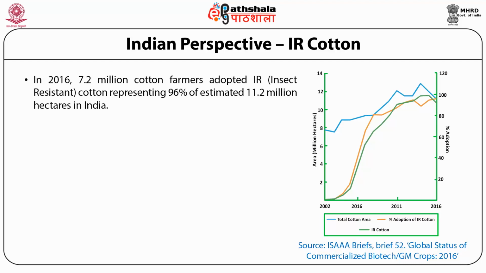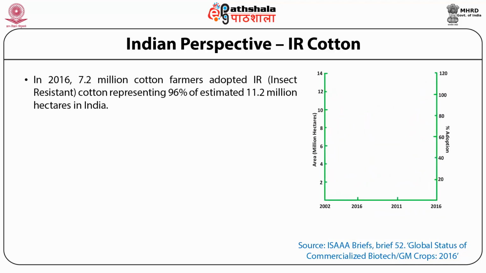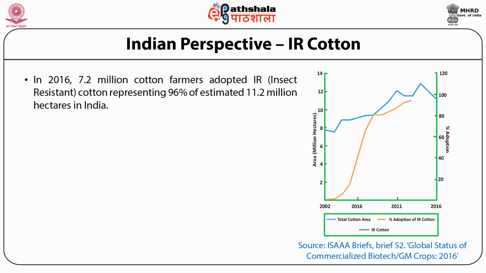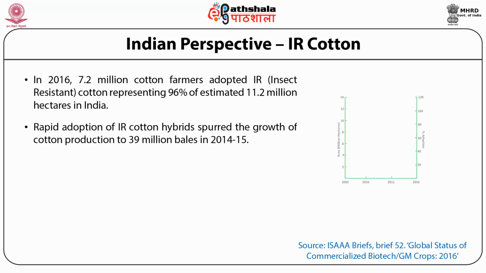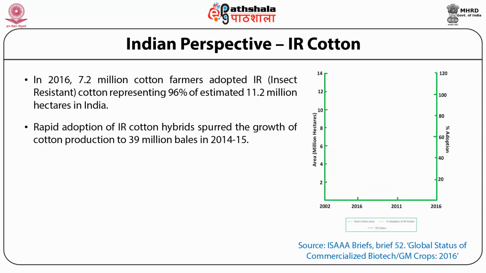In 2016, approximately 7.2 million cotton farmers adopted IR cotton, representing approximately 96% of the estimated crop area under this cultivation. There is a rapid adoption rate for IR cotton because it is a high yielding variety. It is insect resistant also.